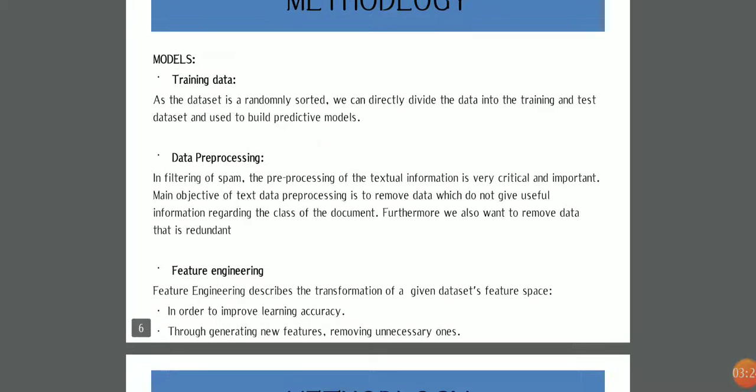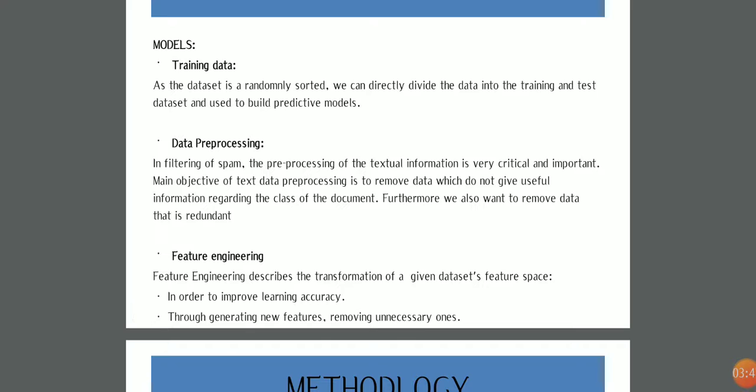The main objective of text pre-processing is to remove data which does not give useful information regarding the class of the document. Furthermore, we also want to remove data that is redundant. Feature engineering describes the transformation of a given dataset's feature space in order to improve learning accuracy by generating a few features and removing unnecessary ones.